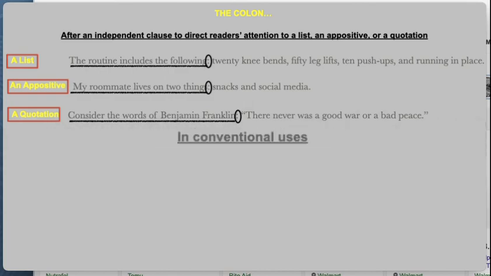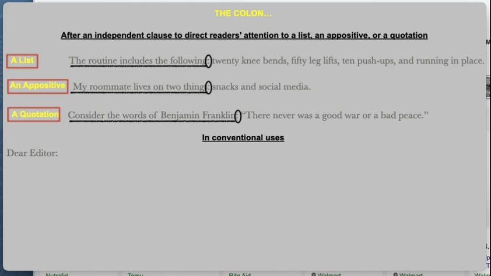Moving on, a colon is used conventionally after the salutation in a formal letter. And by the way, by conventionally, I mean it has been used in this way in mostly formal situations in the following, okay?